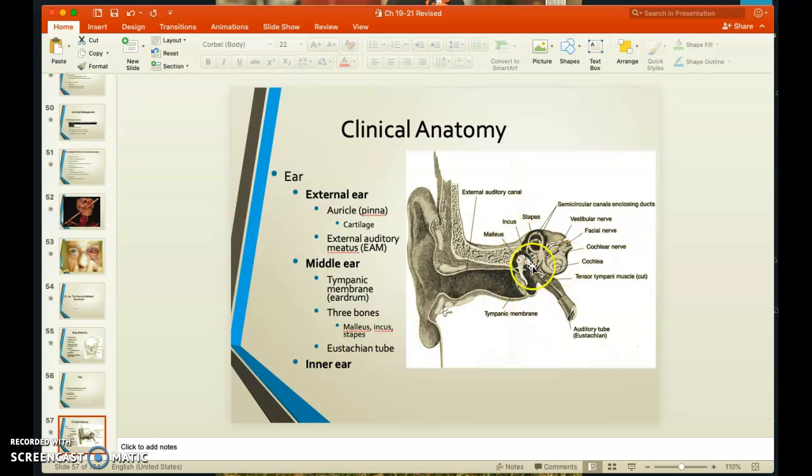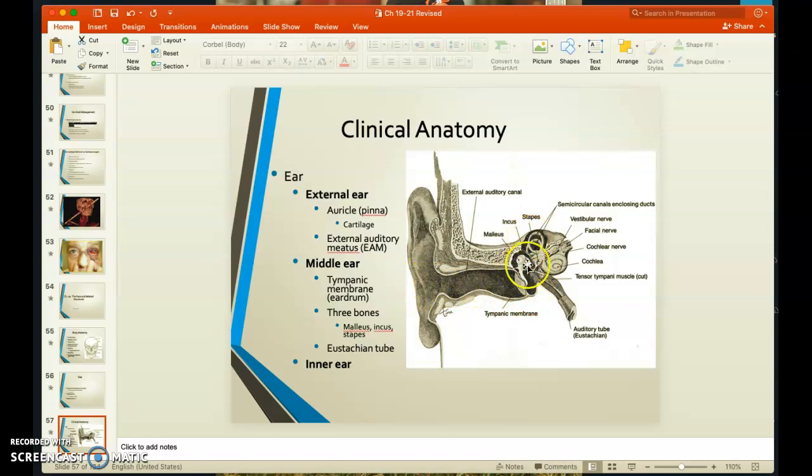And then the inner ear, that is where we transmit those signals to go down into the ear, and then the rest of the brain and nervous system can make sense. So external ear gathers the sound, middle ear transmits.